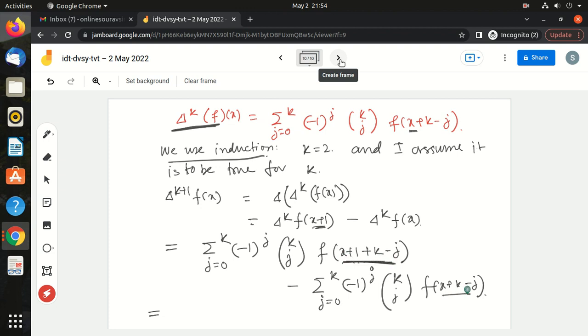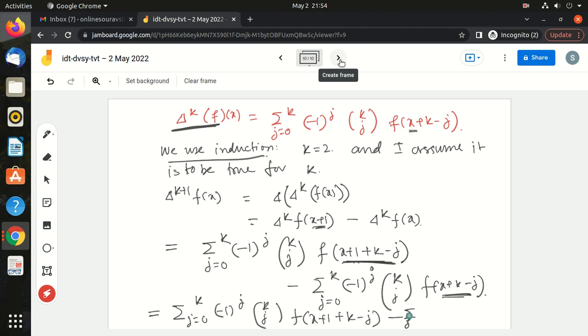Same argument. Let me write it down, I'll just tweak it a bit. I'll tweak the sum. K choose j, f of x plus 1 plus k minus j remains the same, but I'll tweak this one.